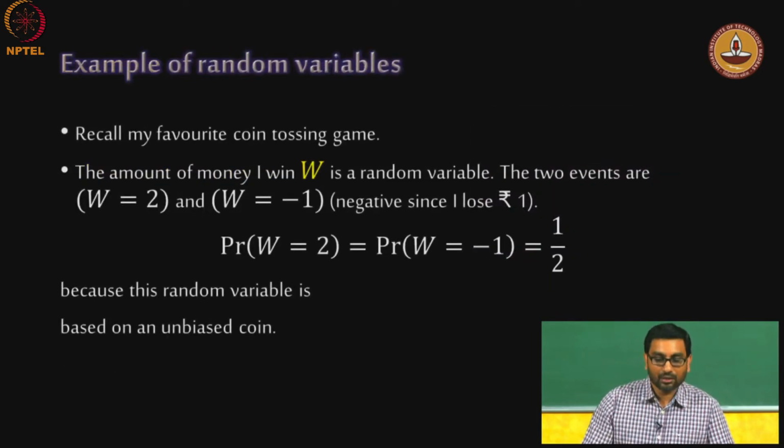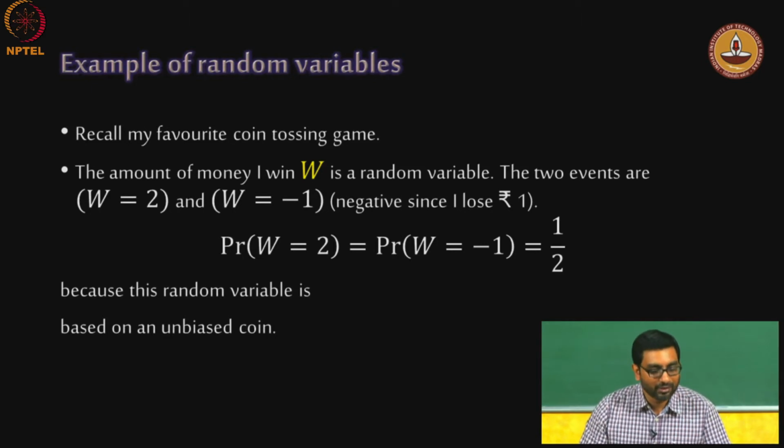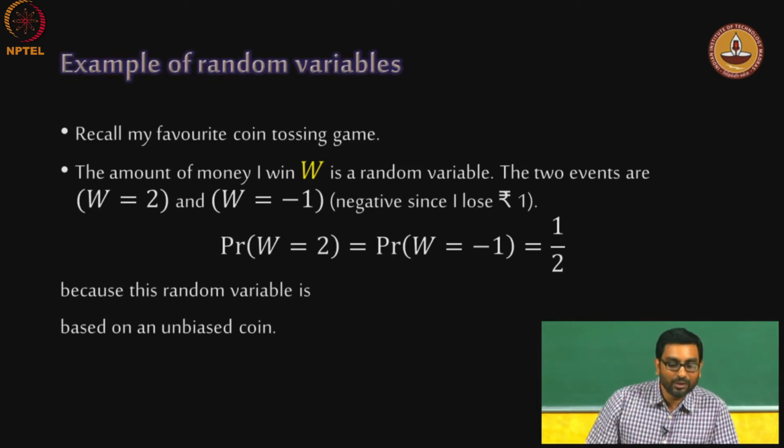Let us come back to my favorite example, probably not your favorite. We have 2 outcomes. Let us look at it just for the fun of it from my perspective. 2 is what I gain if the coin comes up heads, and I have to give you -1, so it is a loss for me if the coin outcome is tails.